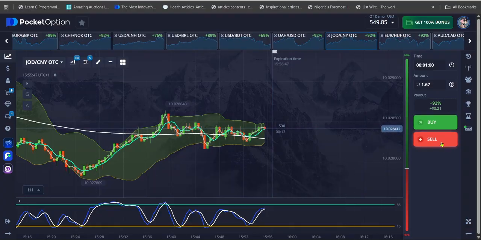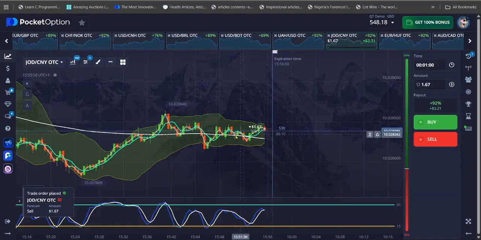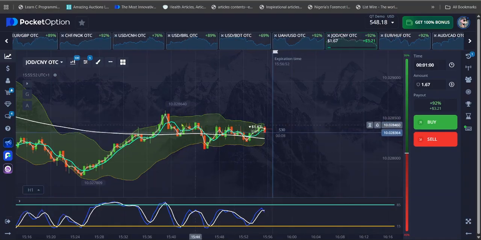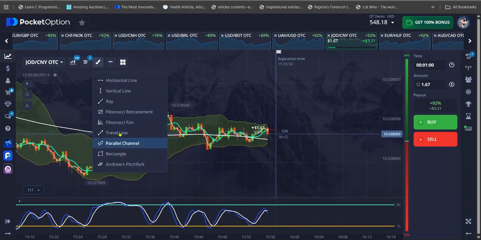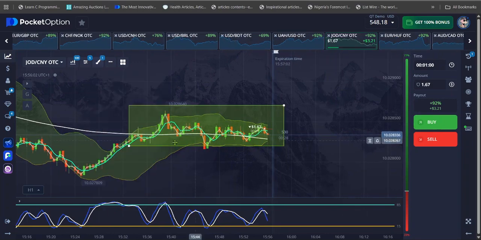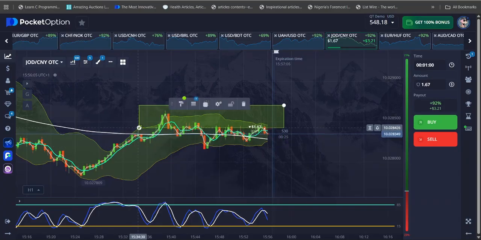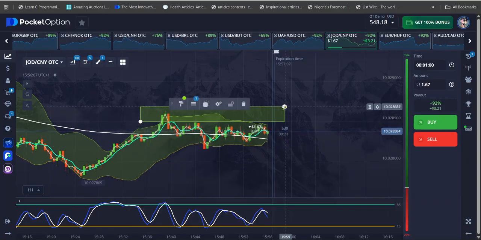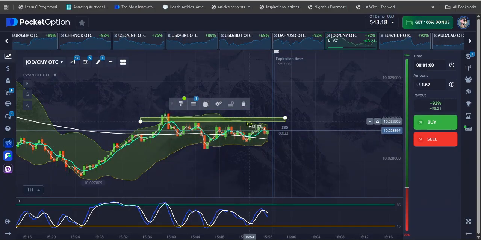All right, let's take a sell here. The reason I'm taking this sell is because you can see, guys, let me show you, there is a mini resistance here, which I spotted.